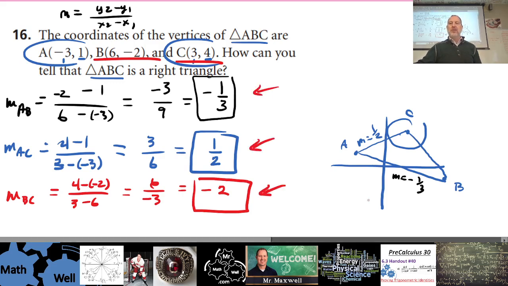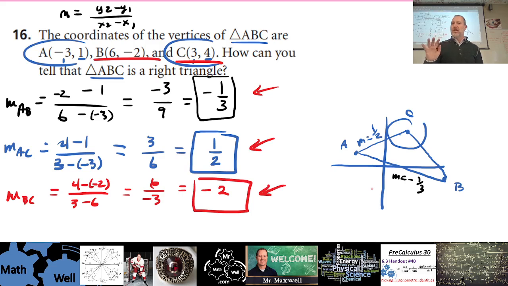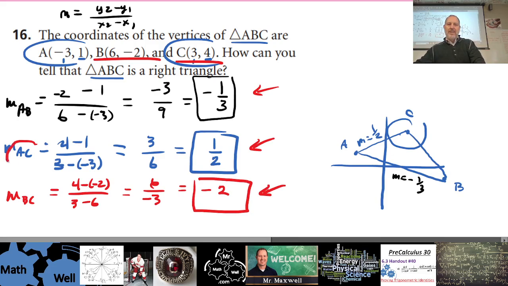Now what we have to do is compare the slopes and see if any two of these are negative reciprocals of each other. Are there two slopes that you're spotting here that might be negative reciprocals of each other? AC and BC. The slope of AC and the slope of BC. So guess what? I think we were correct in assuming that this might be the one that's close to 90, because if you flip these numbers around, 1 over 2 becomes 2 over 1.